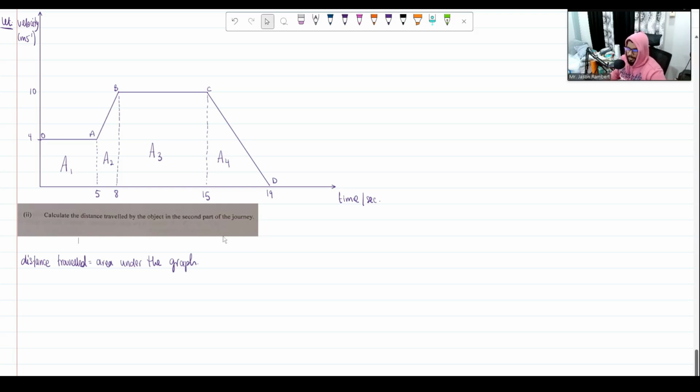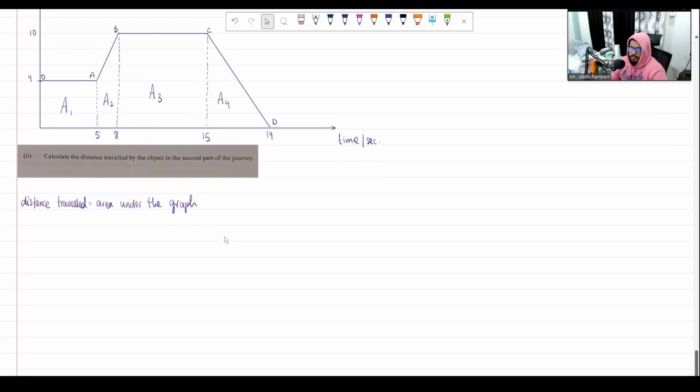The distance traveled in the second part of the journey is from A to B. So the distance traveled is going to be the area of A2, which is equal to 1/2 the sum of the parallel sides times the perpendicular distance between them.